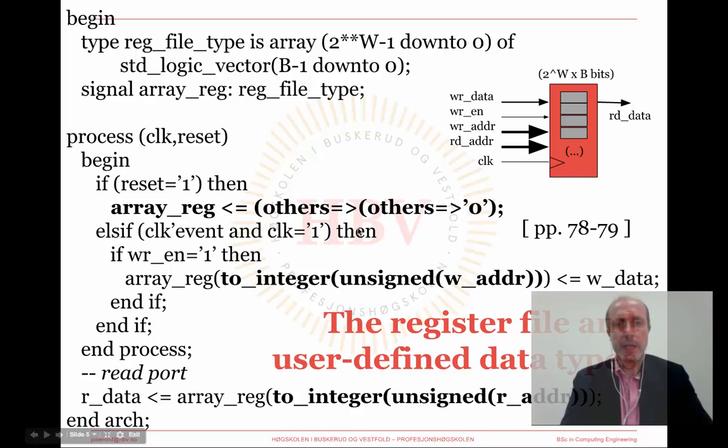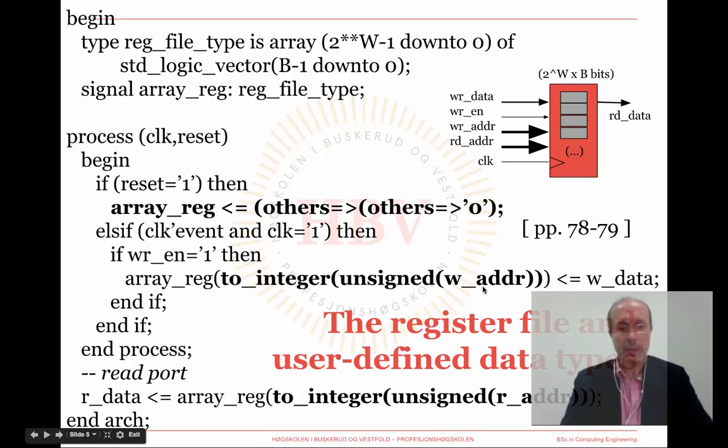The first one is the initialization statement for the register file when the reset input is active. We are recursively using the same statement that was used before for the single 8-bit register, as you may remember from a previous slide. And the second thing to notice is that the array index value that is used to identify any register in this structure must be of the integer data type.